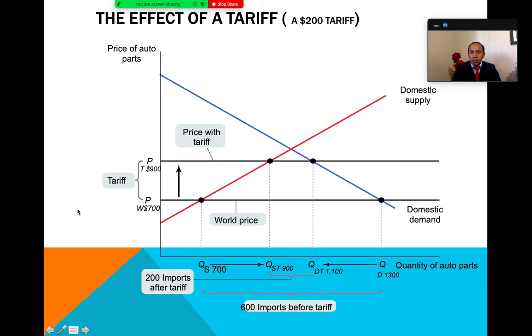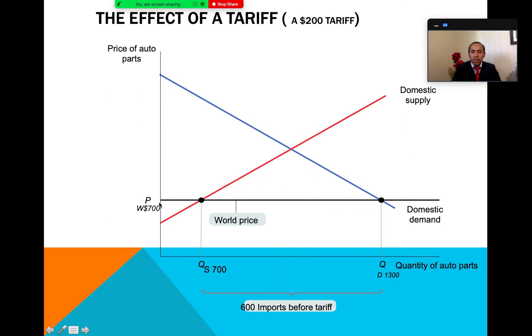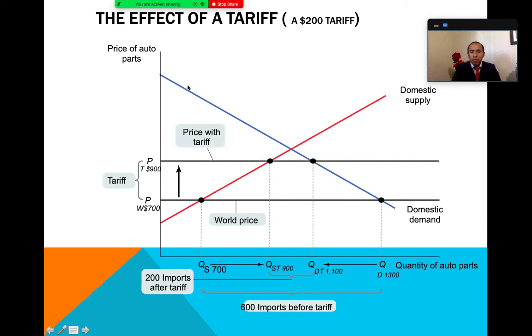The consumers were buying 1,300 units before at the lower world price. Now with the higher price of $900, the consumers are going to buy only 1,100 units.